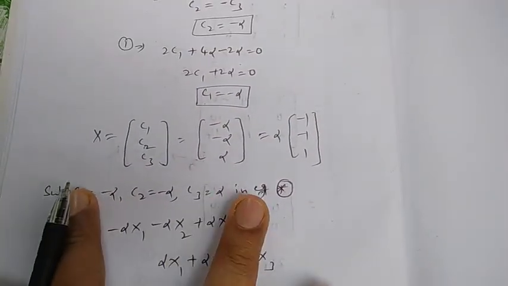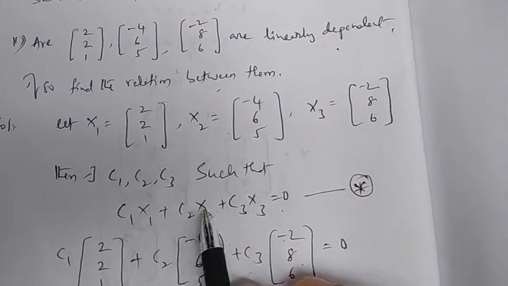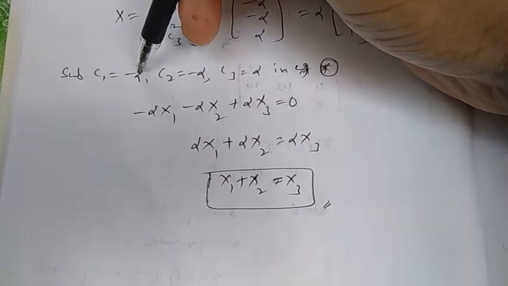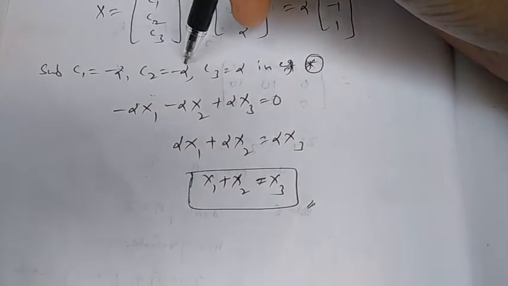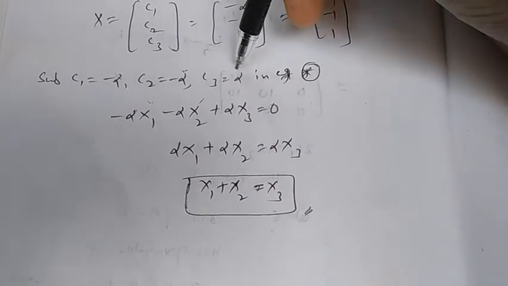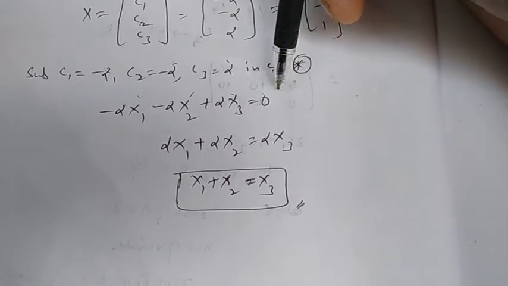Now c1 is alpha, c2 is minus alpha, c3 is alpha. Substitute in equation star, c1 x1 plus c2 x2 plus c3 x3 equals 0. Again we get alpha x1 minus alpha x2 plus alpha x3 equal to 0.